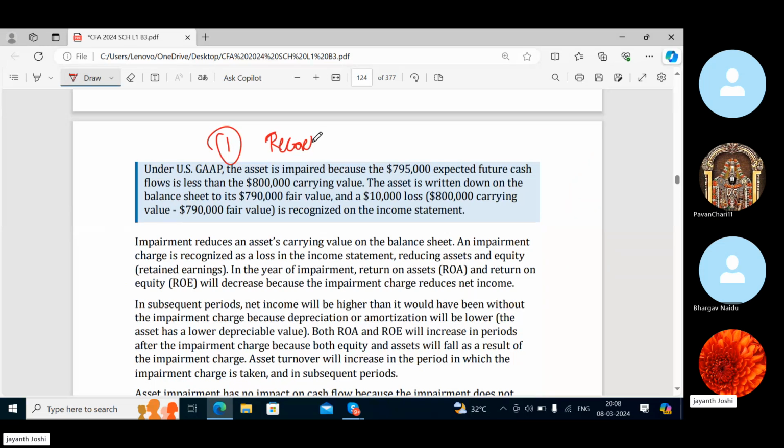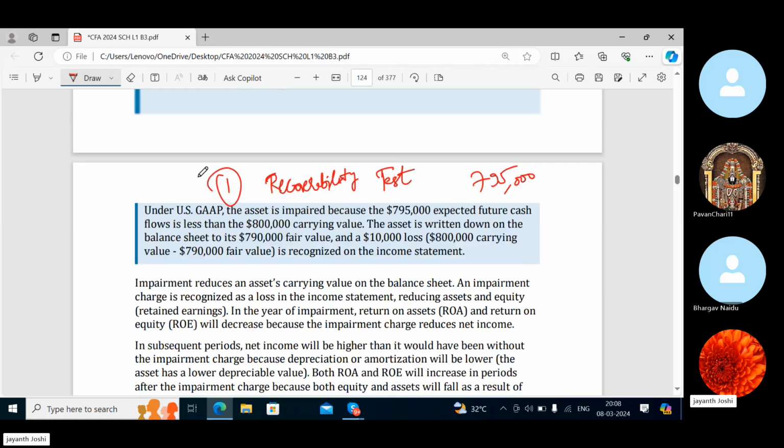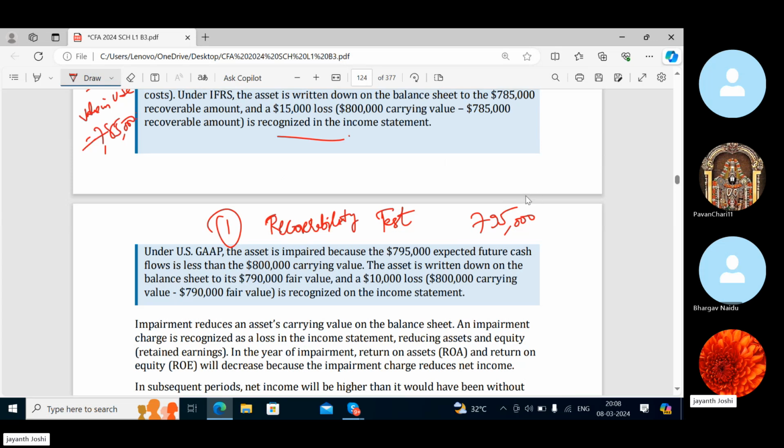First, you have to go for the recoverability test. What does the recoverability test say? Your expected future cash flows are 795. What you are expecting from the asset is 795, and you are showing 800,000 in your books.